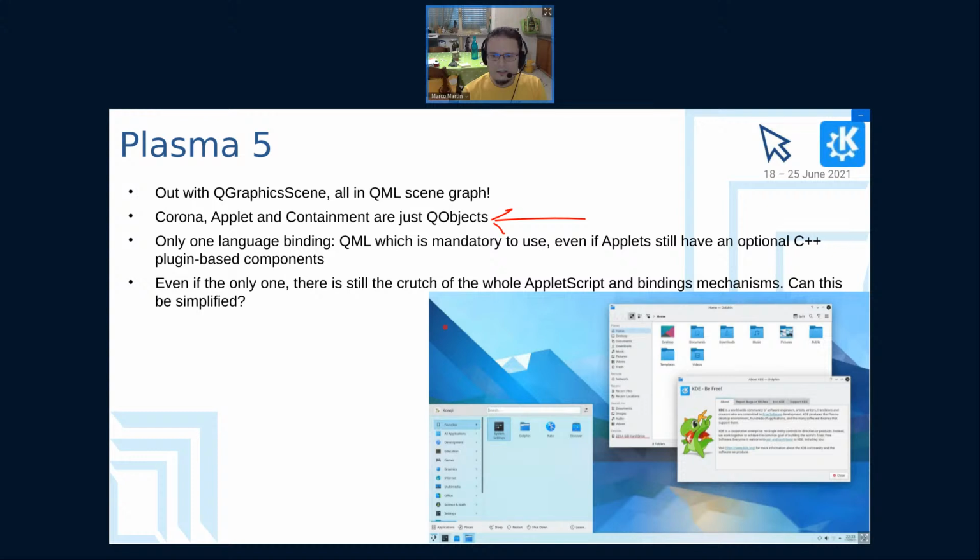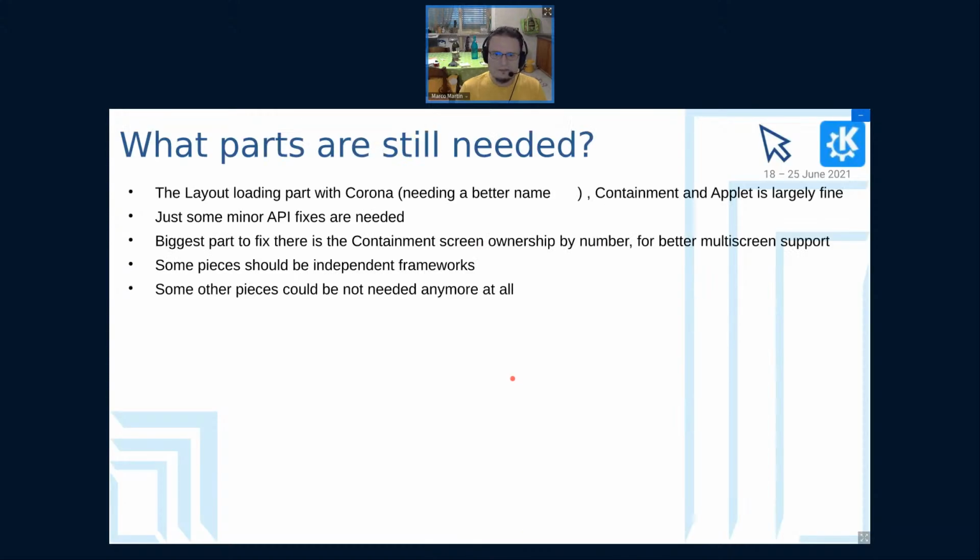So in Plasma 5 we have exactly one plugin for bindings. That is the QML one, which is mandatory to use, so it doesn't really make much sense that it's a plugin. So this component is something that we probably can do without, and we can simplify.